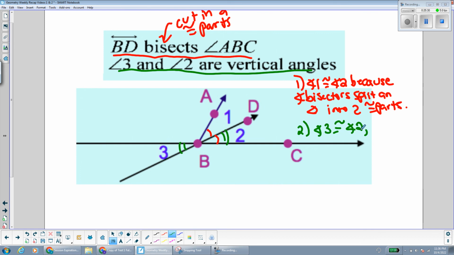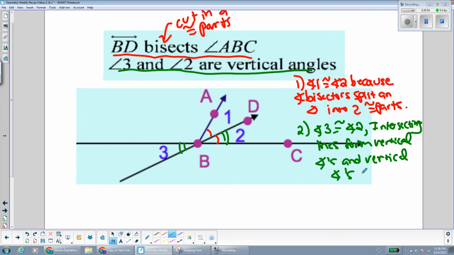And our reason for that is going to be intersecting lines form vertical angles, and vertical angles are always congruent.